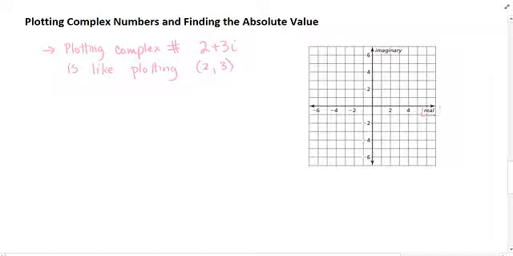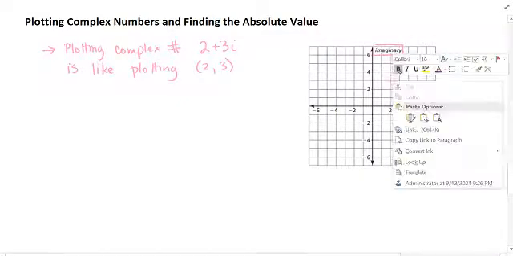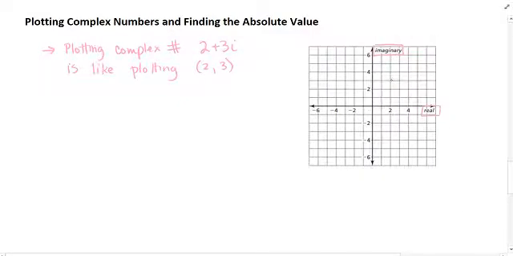Notice over here, the x-axis is replaced with the real part, and the y-axis is replaced with the imaginary. So since I have a positive 2, I go over to the 2 on the real, and I have a positive 3i, I go up 3, and there's my point. That is the number 2 plus 3i.